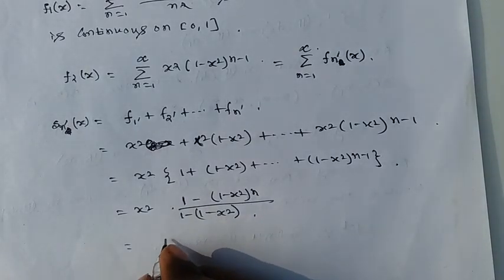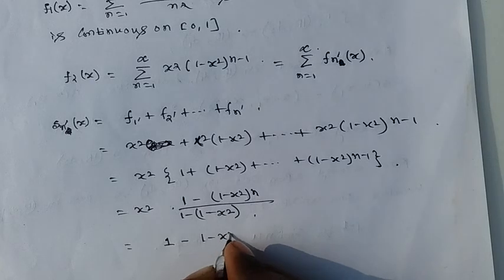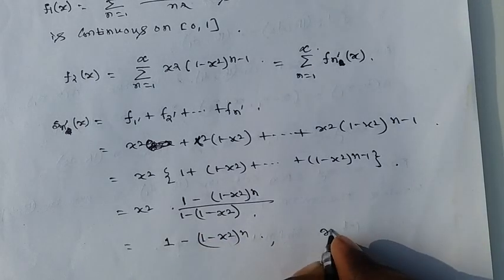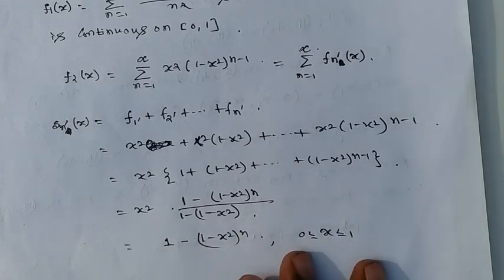So this is generally 1 minus (1 minus x squared) to the power n, where x is between 0 and 1.